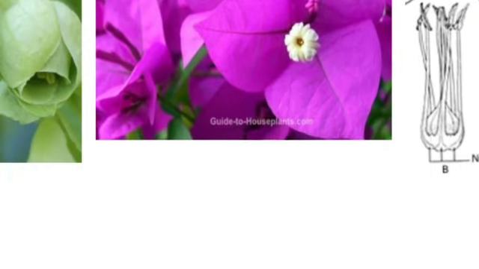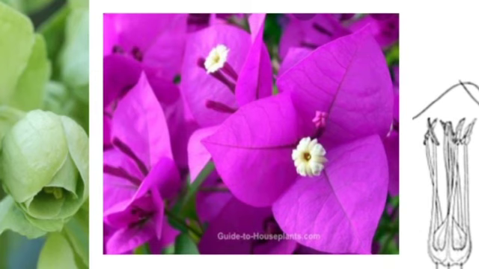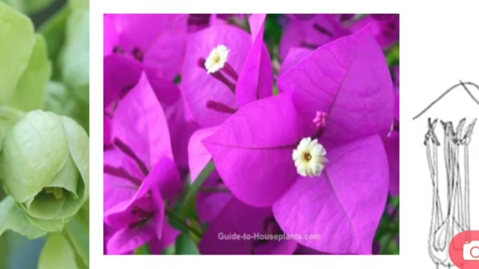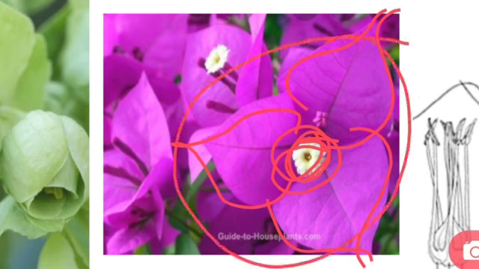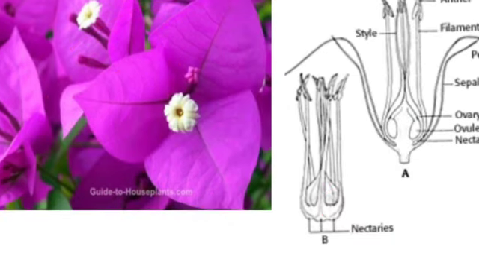This is bougainvillea, which consists of a flower at the center surrounded by some leaf-like structures, and these leaf-like structures protect the flower. This type of leaf arrangement is known as bracts.